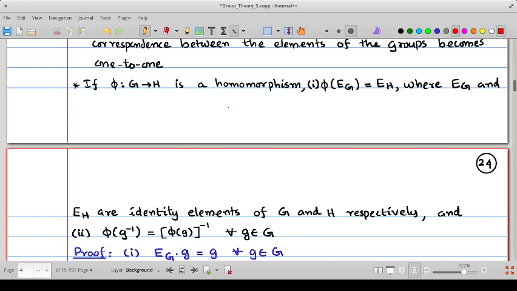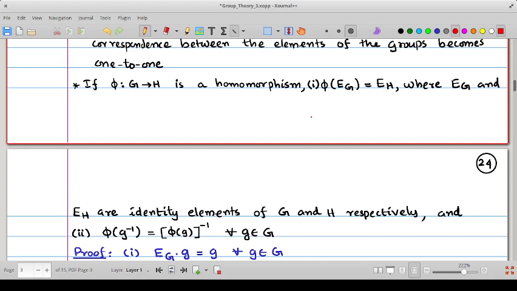Now we discuss some of the properties of homomorphisms. Let phi be a homomorphism from the group G to group H. Then phi of e_G is equal to e_H, where e_G is the identity in group G and e_H is the identity in group H. So that is the first property.